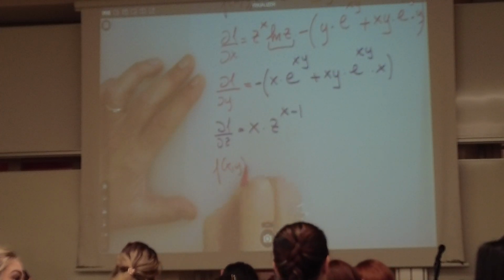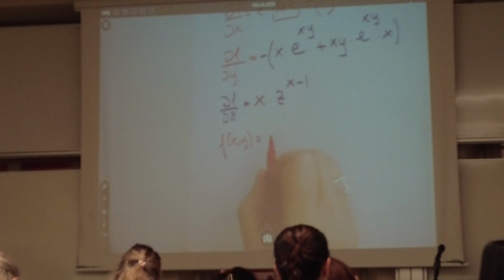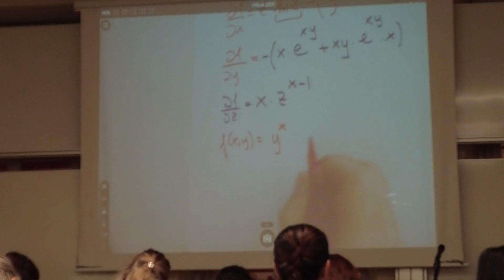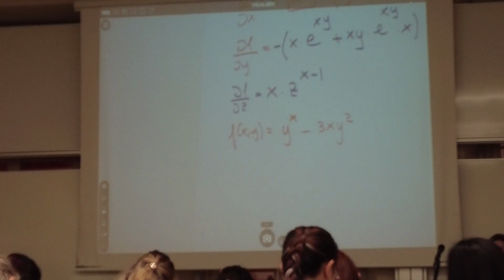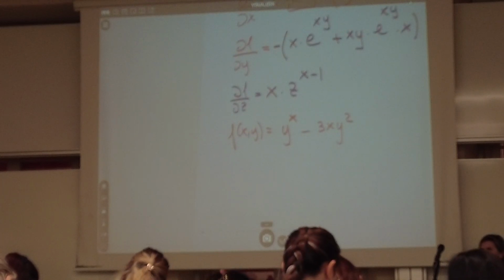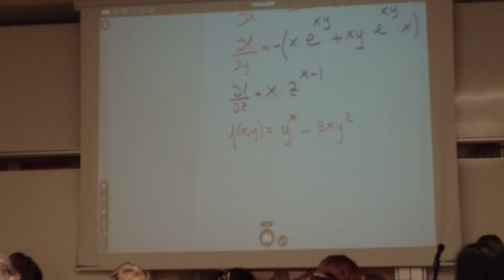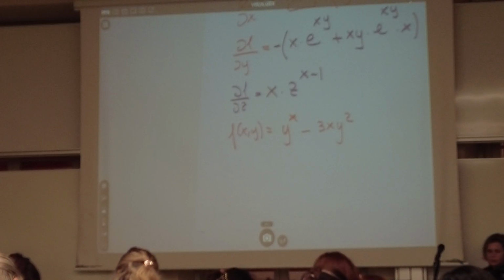All of you, all together, can you please derive y with power x minus 3xy squared. All of you please write these two derivatives. You are the instrument, you just develop them. Why don't you try to apply?